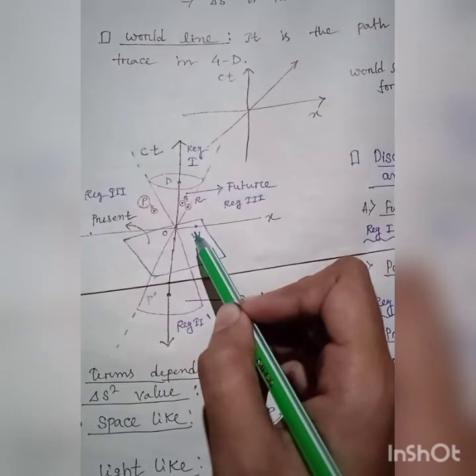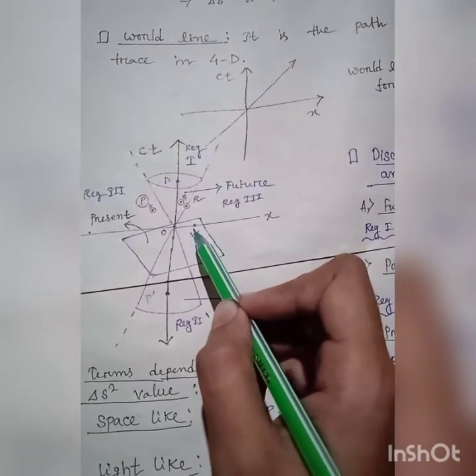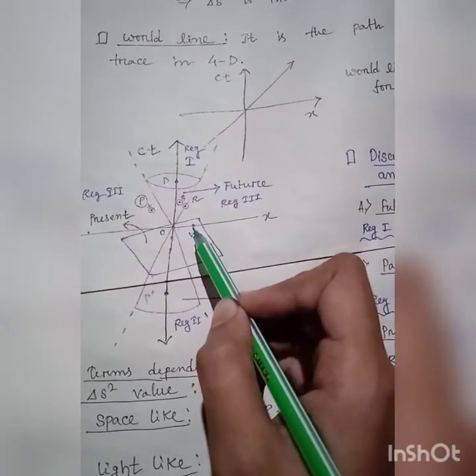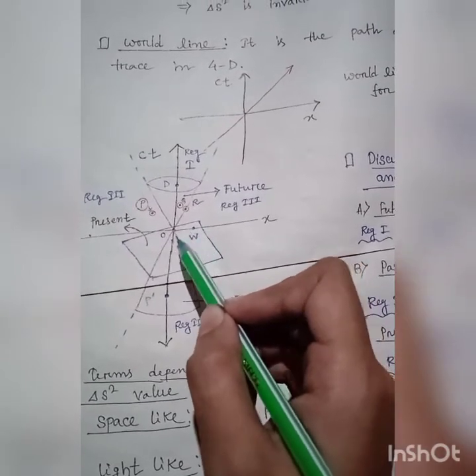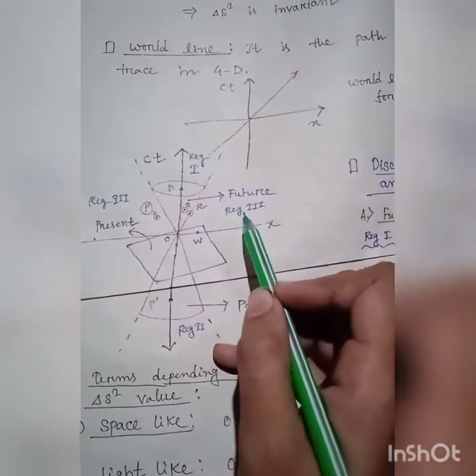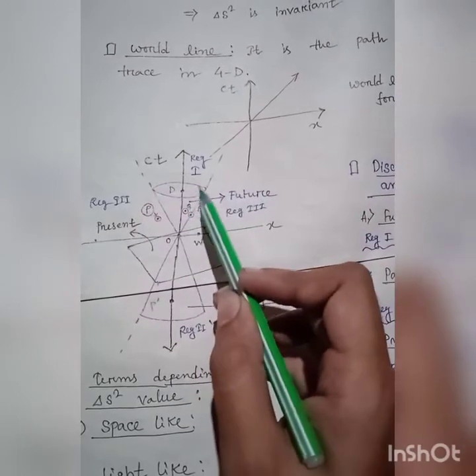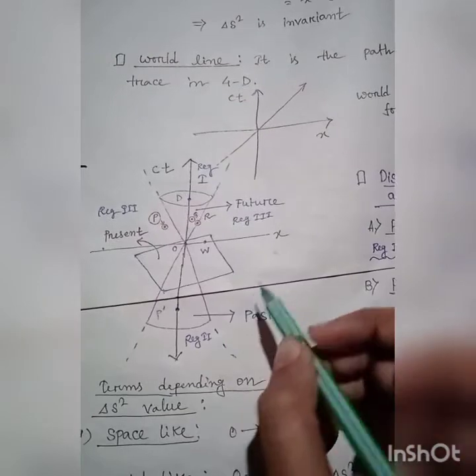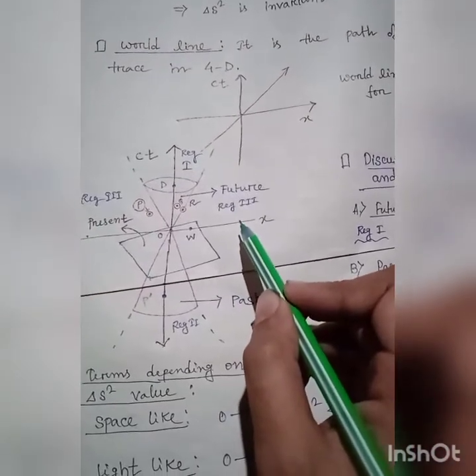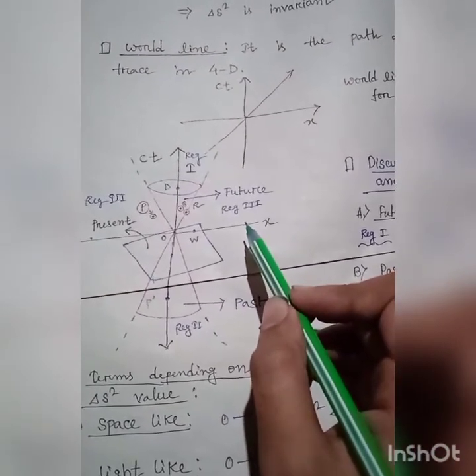What varies here is just the spatial coordinates. The events are occurring simultaneously in this region. So this region 3 mentioned here, region 1 also mentioned here, region 2 is also mentioned here. So region 3 is the present region.